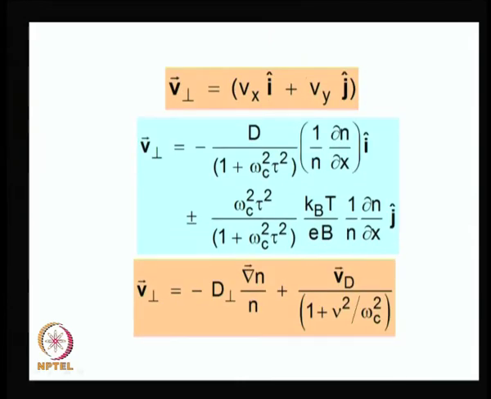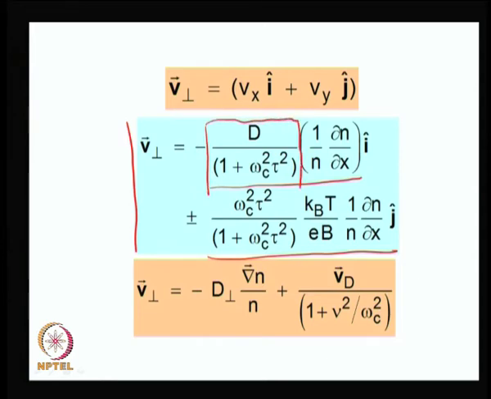So, although the expression looks a bit involved, you will find that this is simply the Vx term, this is the Vy term, and we define a new quantity called D perp here and another quantity Vd here, so that the expression for V perp becomes simple.